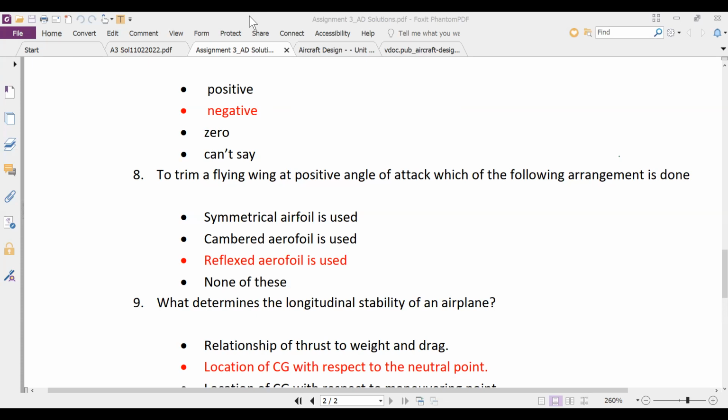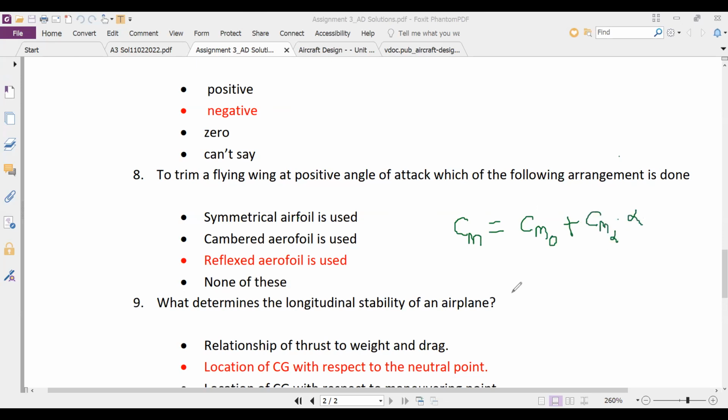So what happens is, to trim any flying thing, not just a wing, but any flying vehicle, it must satisfy something, which is this equation for the pitching moment: Cm naught plus Cm alpha times alpha.